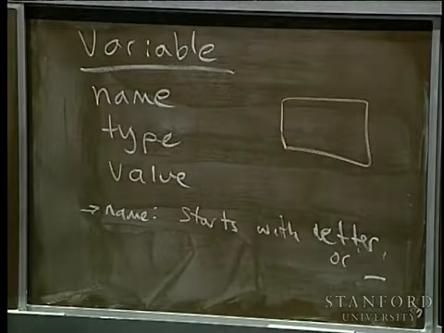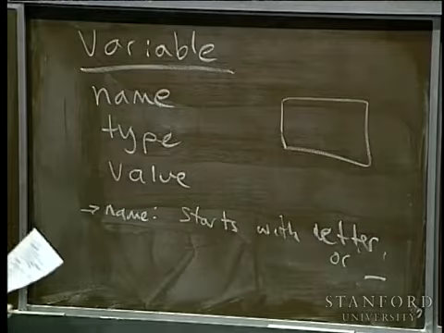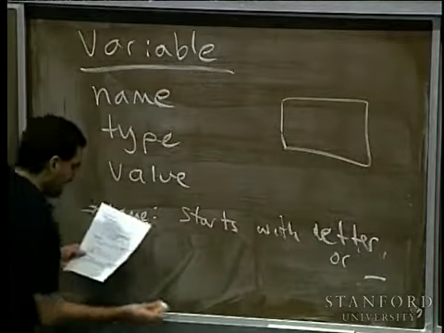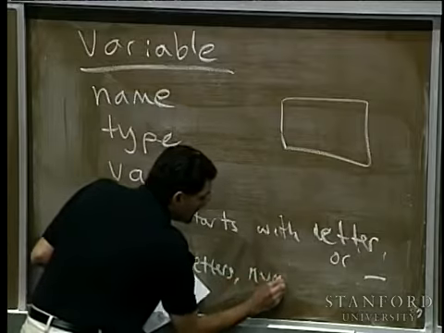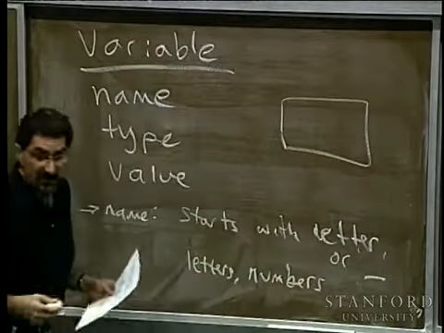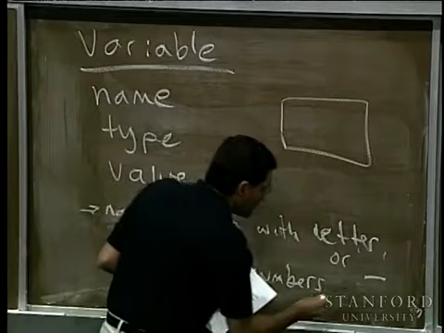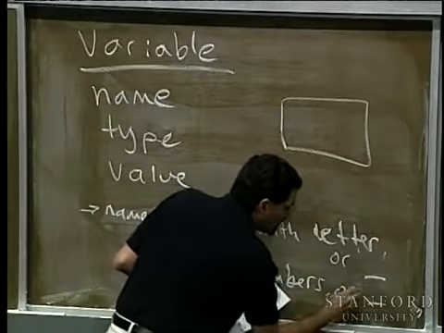Then after that initial letter or underscore, you can have any number of letters, digits like 0, 1, 2, 3, 4, or underscores.